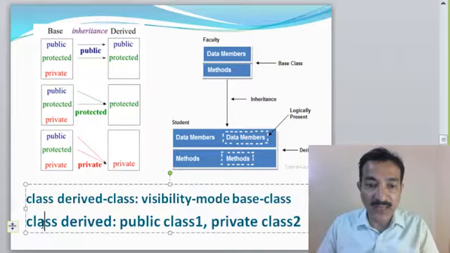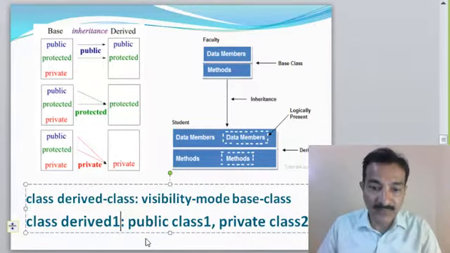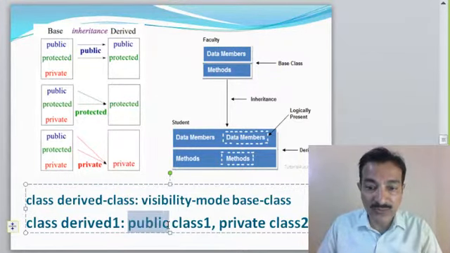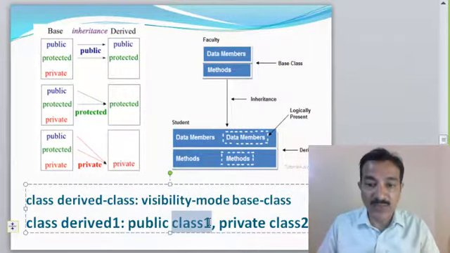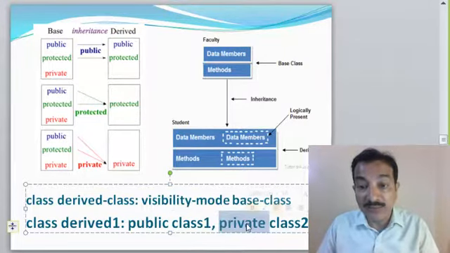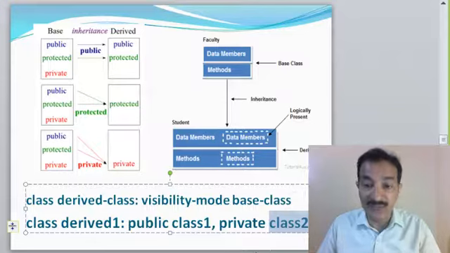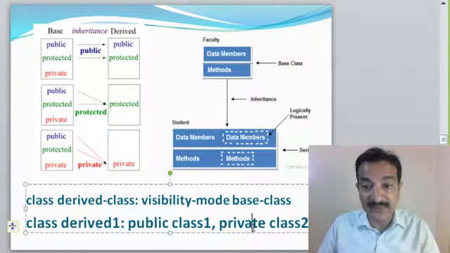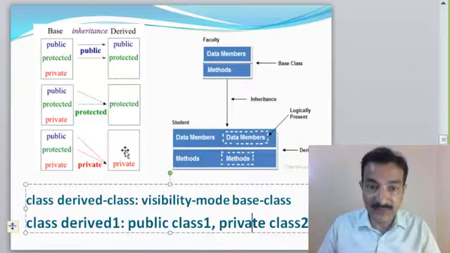So you have a class and you call it the derived one, then you tell what the visibility is. It's public. Then you tell which class you want to inherit. So you want to inherit class 1 publicly and in private mode you want to inherit class 2. Now what this visibility public and private means, I will explain to you.